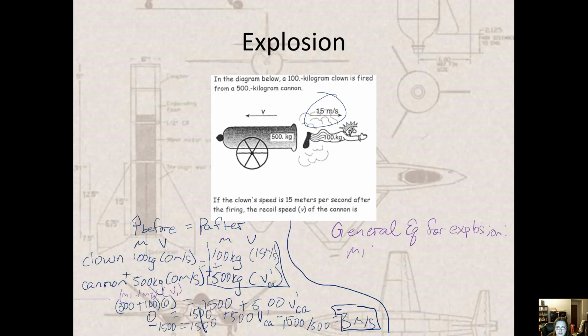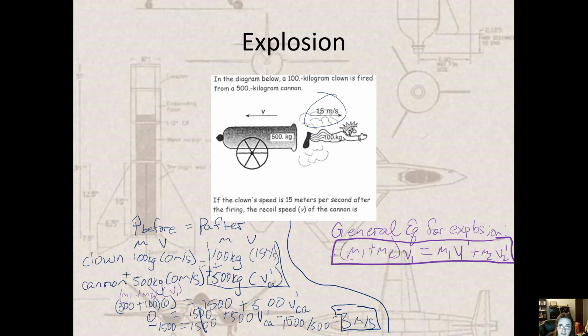So it's M1 plus M2 times V1 is equal to mass 1 times V prime 1, plus mass 2 times V2 prime. This is our general equation. Again, not in reference tables, so you have to memorize it if you do it this way.